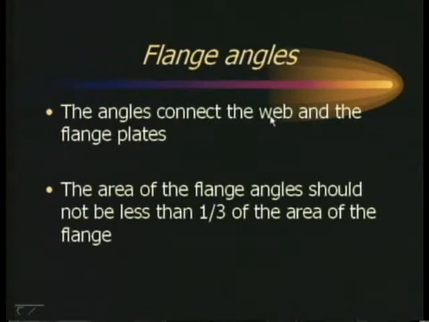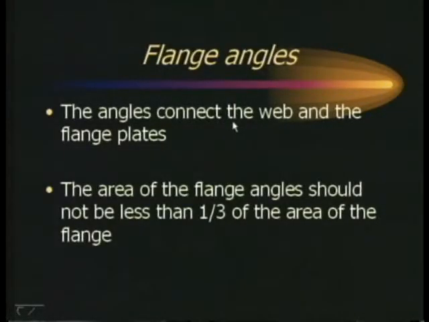So for the web plate, there are two connections. If you remember well, I have been telling you about the riveted connections, or you can have a welded connection. In this connection, what do you do? You connect the flange plate and angle, and the web plate and angle.